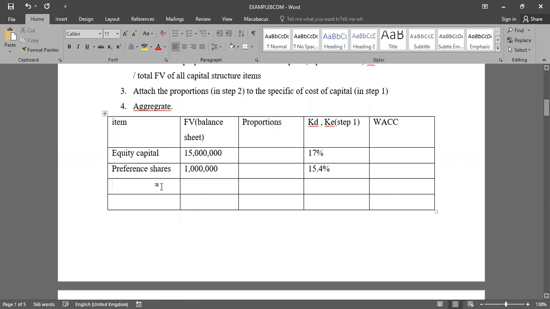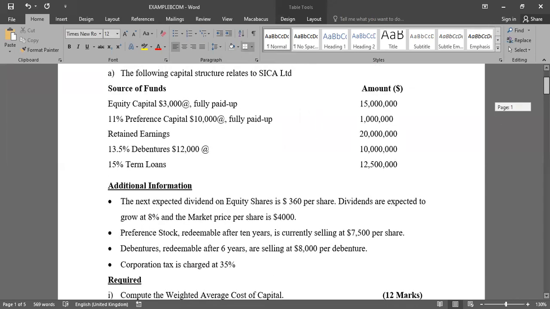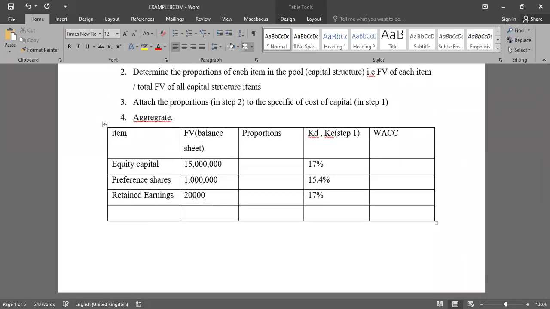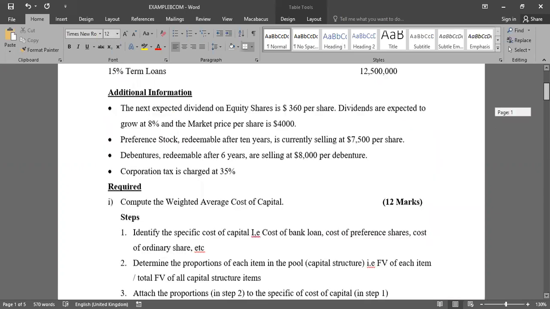We're saying retained earnings: you have 17%. Then the face value of retained earnings is 20 million. Then proceed.